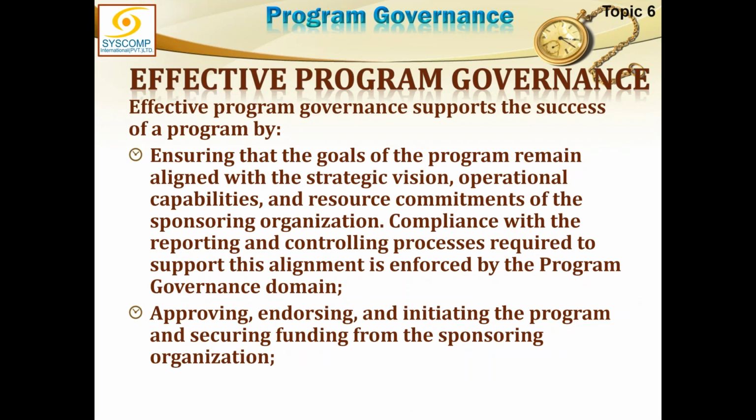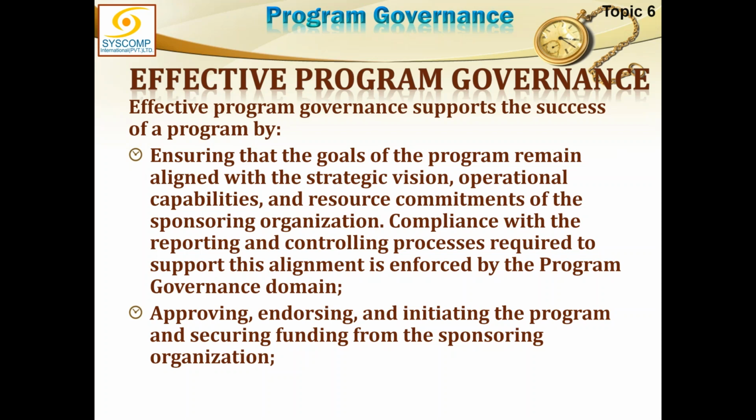Okay. So now let's talk about effective program governance. Effective program governance supports the success of a program. That means defining the success criteria should also be part of it. And we'll talk about success criteria separately.